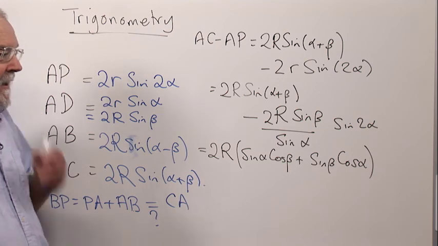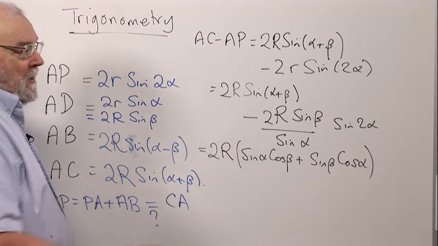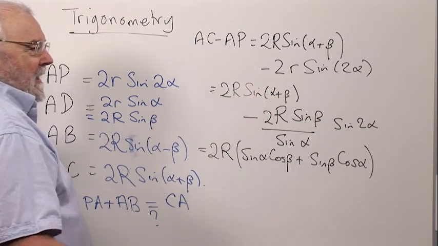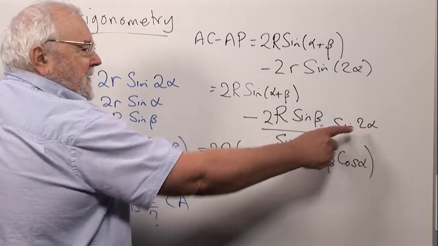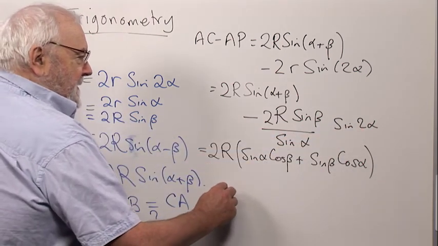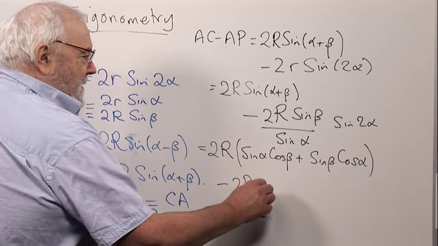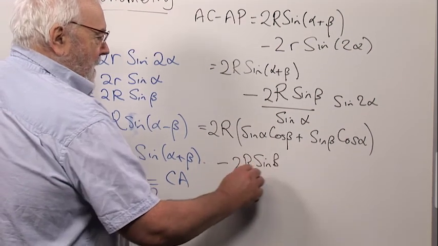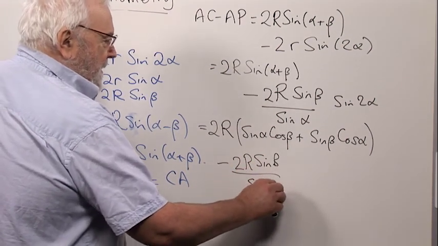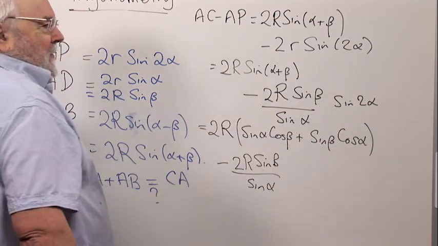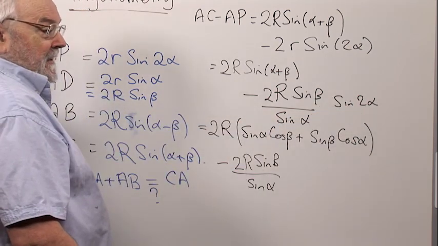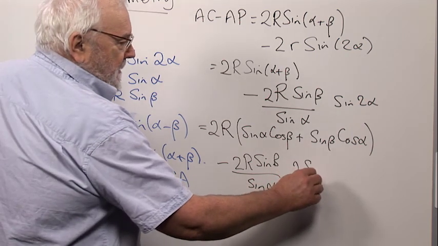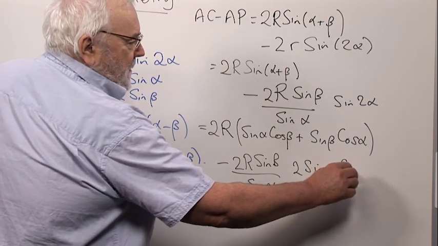A special case of that is where alpha equals beta, and that way you get the expression for the sine of 2 alpha. So I need to subtract 2r sine beta over sine alpha times the sine of 2 alpha, which is 2 sine alpha cosine alpha.